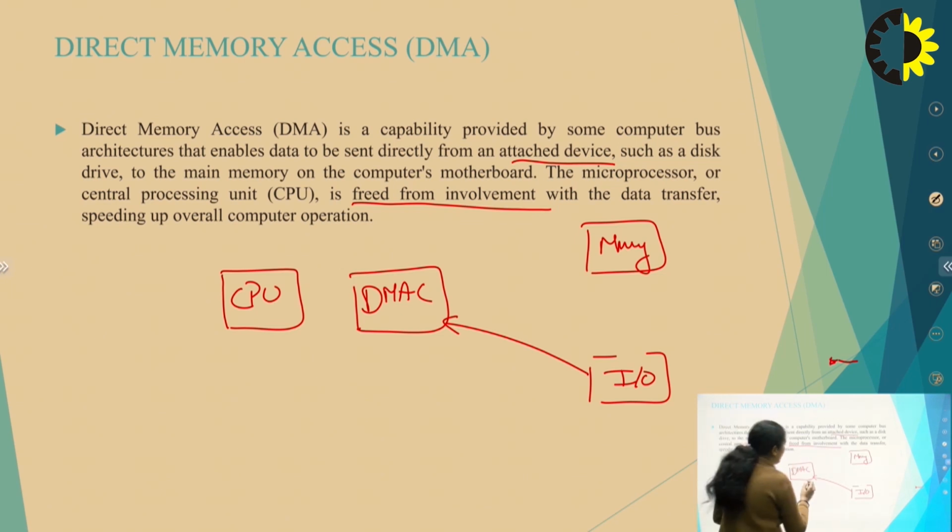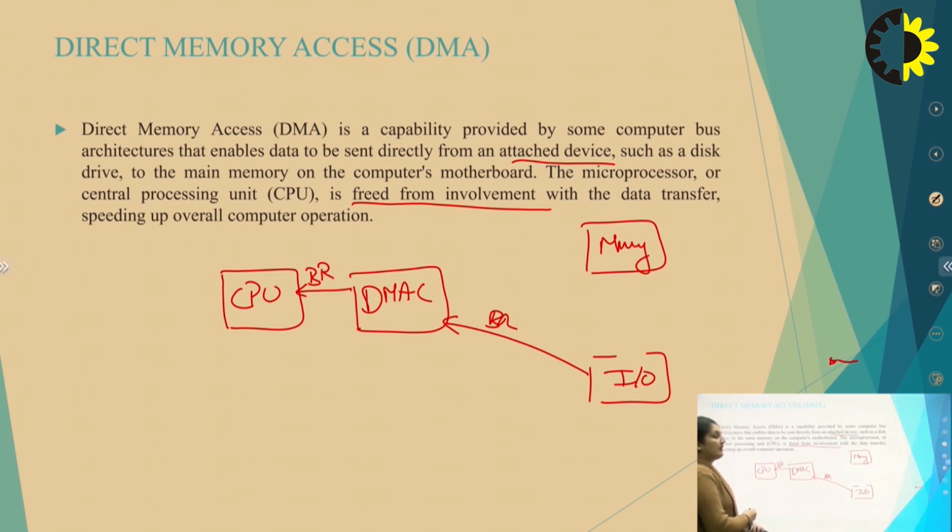So it will request. Now the DMA controller will make a bus request to the CPU: give your bus to me so that I can make the communication directly between the input output and the memory.